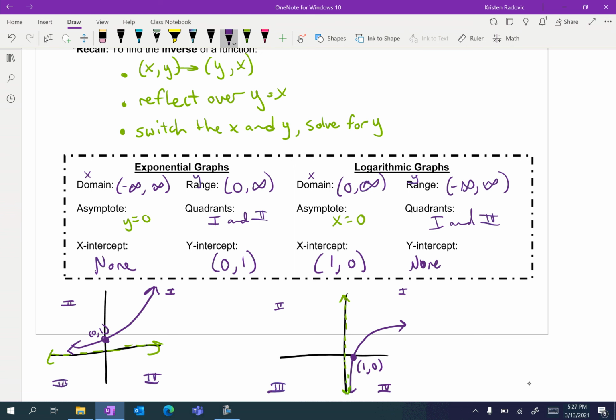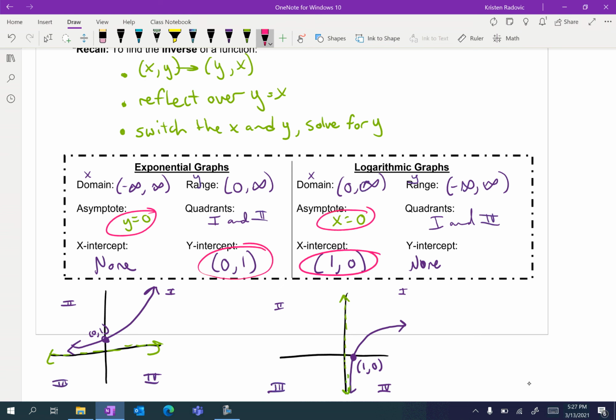So try your best to remember just the basics for the parent functions of exponential and logarithm equations, because there are a lot of Regents questions that ask you about them, and they will try to trip you up, specifically with the asymptotes and also your intercepts.